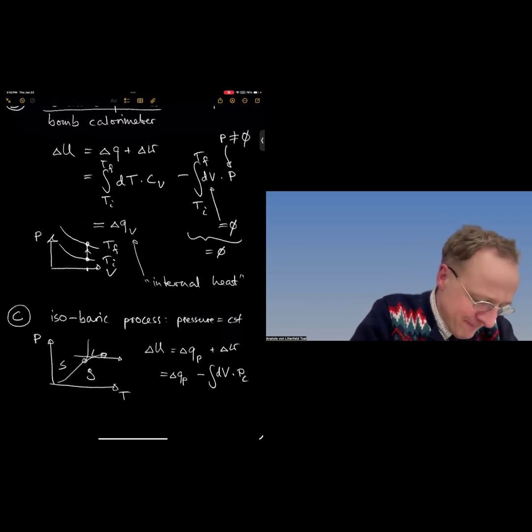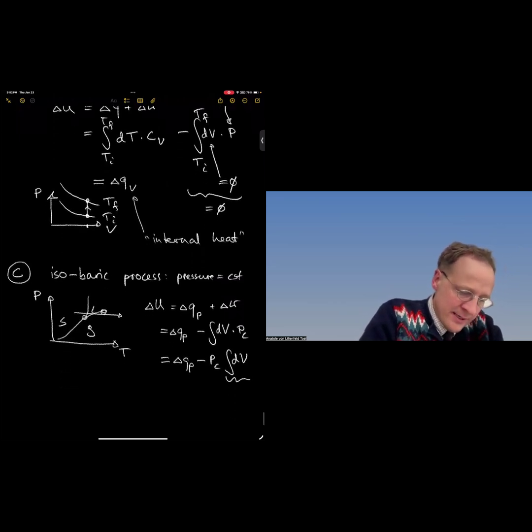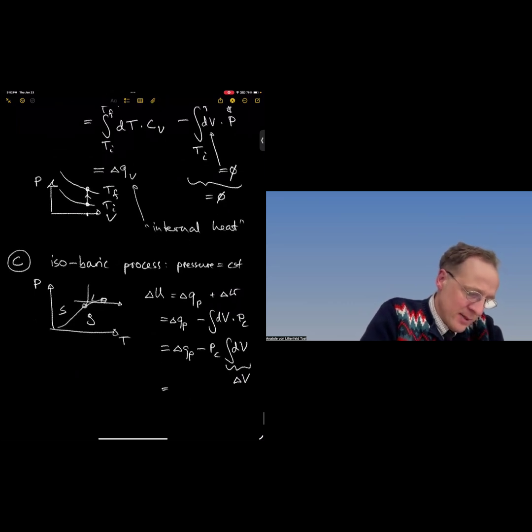So it's a Pc, and that means I can pull it in front of the integral. And the integral over dV is simply delta V. So in this case, I just have delta QP minus delta V times Pc.